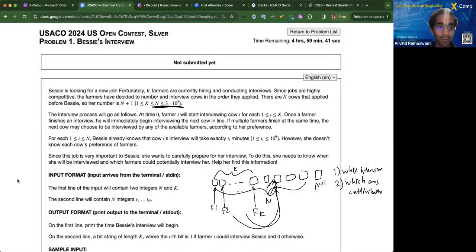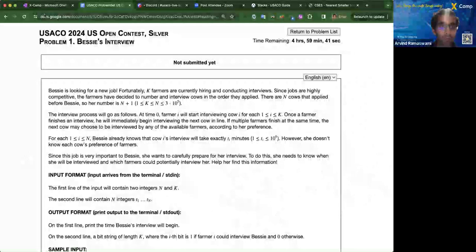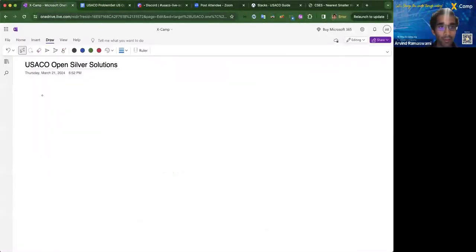Let me move to OneNote. One thing to notice in the beginning is that each cow has an interview time of TI. So you have the first K cows.